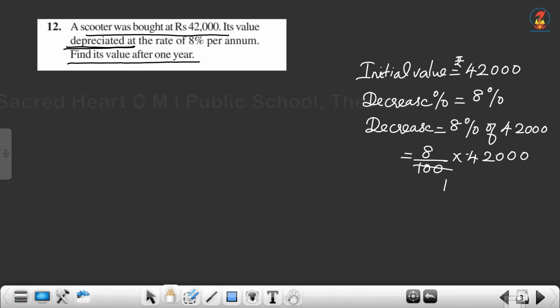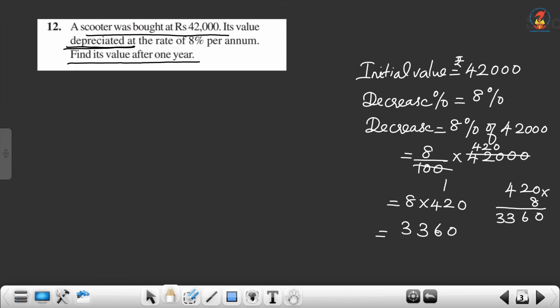Now using 100 we can cancel, 420. So 8 into 420 equal to 420 into 8, 3,360. So there is a decrease of rupees 3,360.